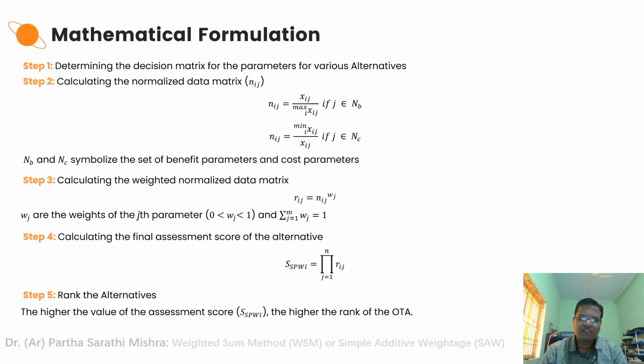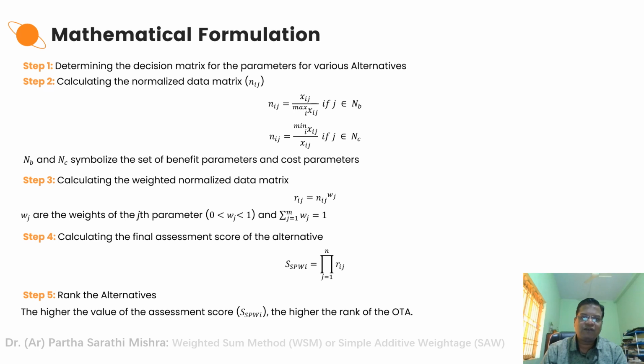For benefit criteria, we divide the value by the maximum value, and for cost criteria, we divide the minimum value by that particular value. Nb and Nc symbolize the sets of benefit parameters and cost parameters.